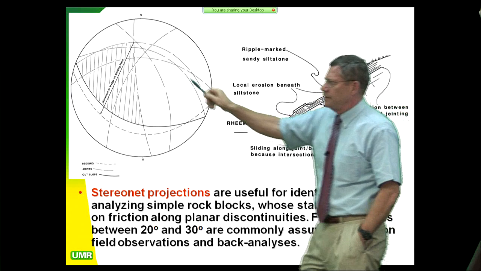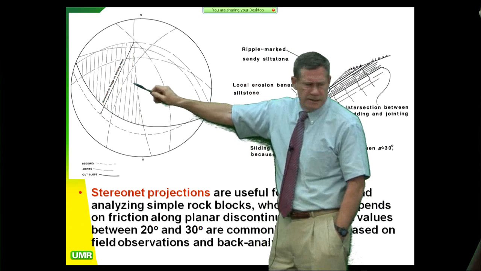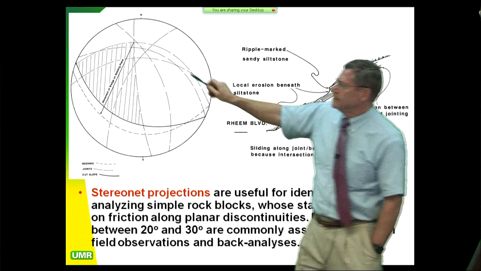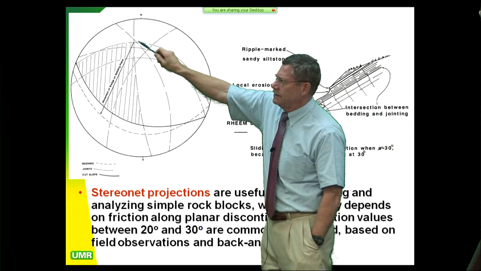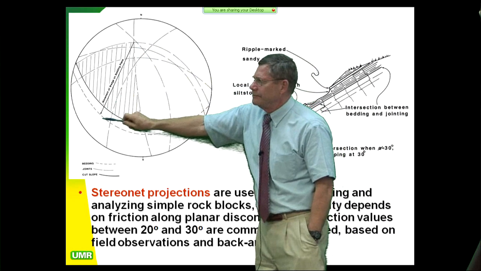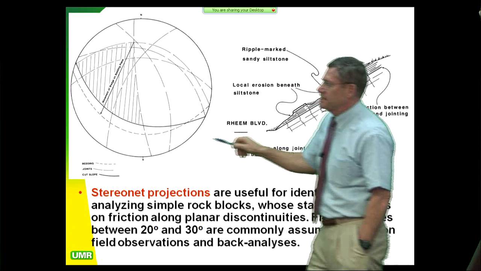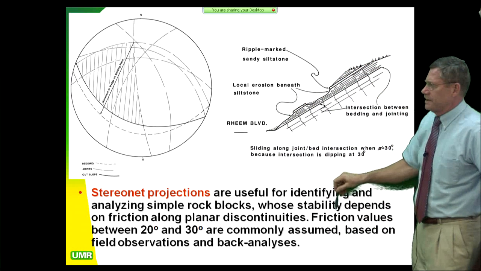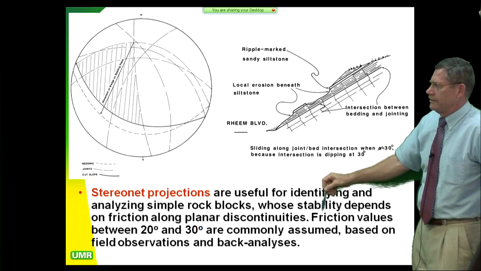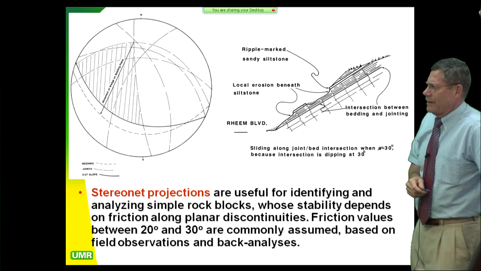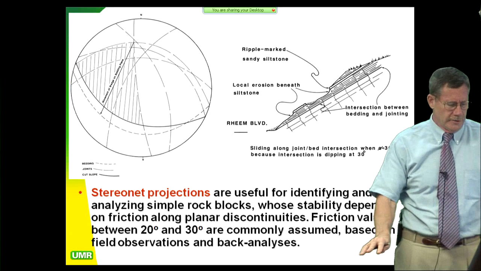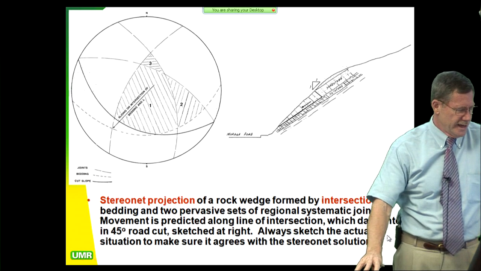So when we go in and we do a classical analysis of it, what we see here is we actually have movement of the wedge predicted on the bedding plane from the cut, and that's actually what happened in this particular case. Friction values that I used were between 20 and 30 degrees. Those are very, very commonly used, 30 usually being the higher end, 20 being the lower end. That one wasn't very hard to analyze.